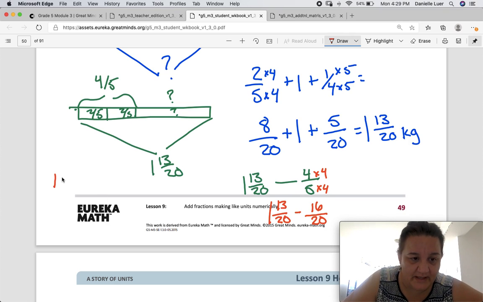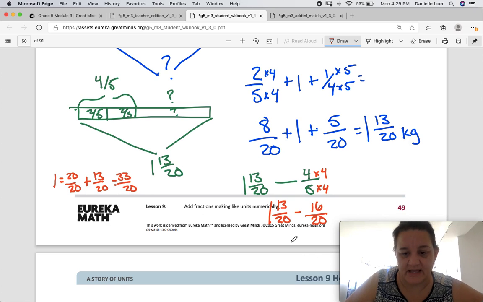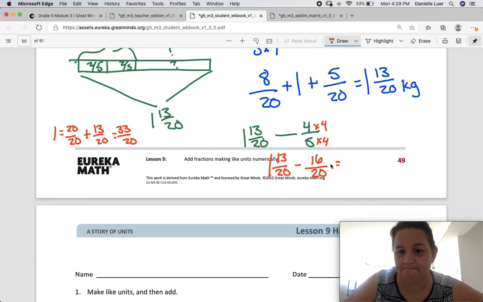So you know that 1 equals 20/20 plus 13/20 would equal 33/20. Okay, so now I can just change this to 33/20 minus 16/20 would be, let's see, 12, 17/20 of a kilogram.